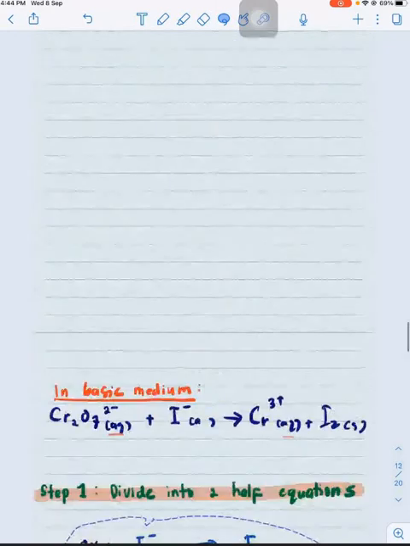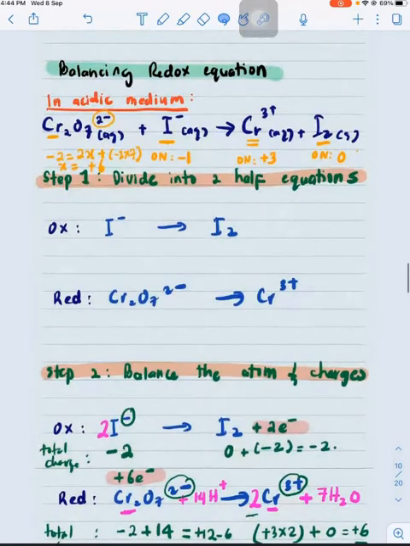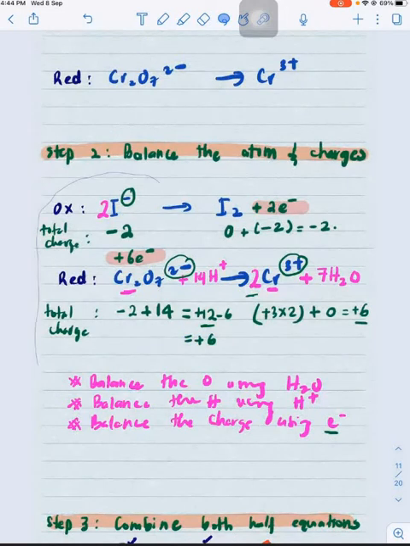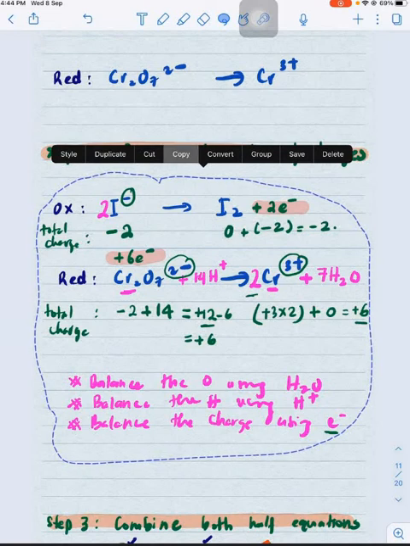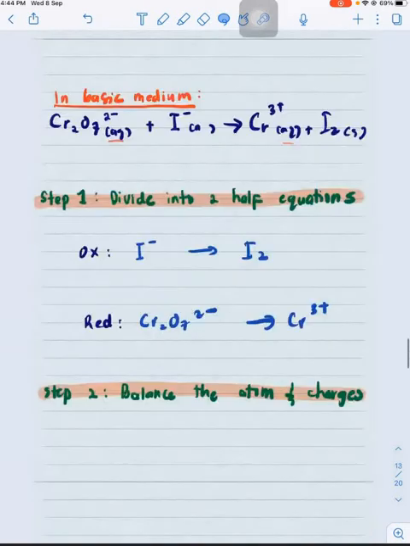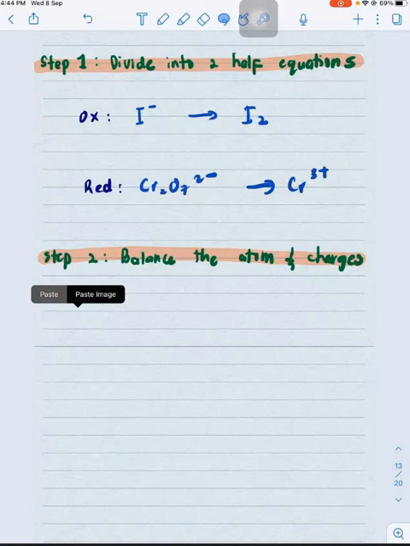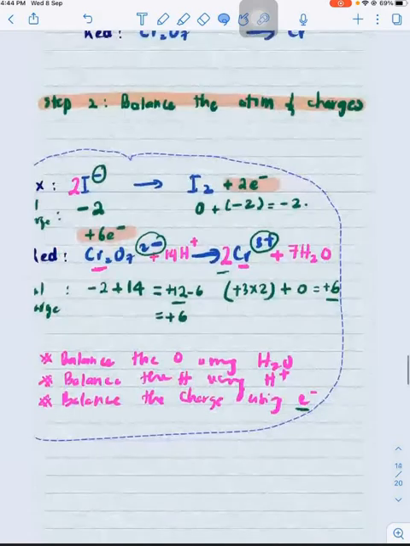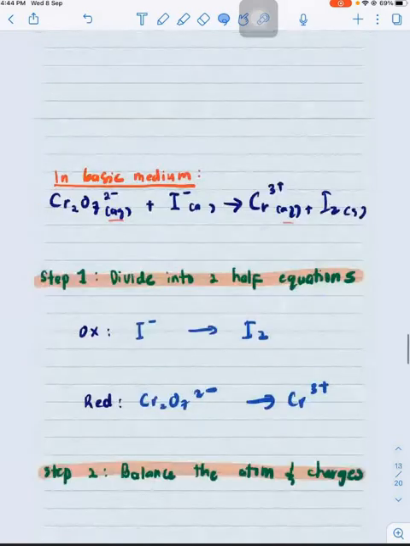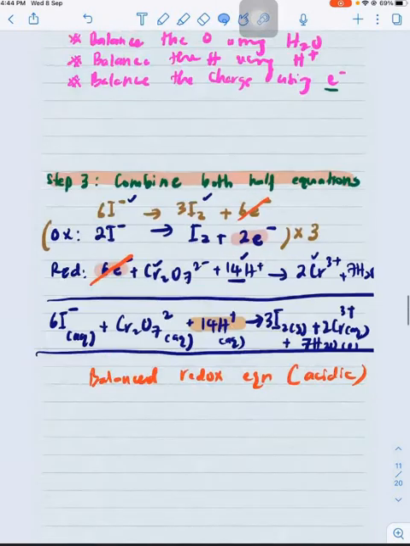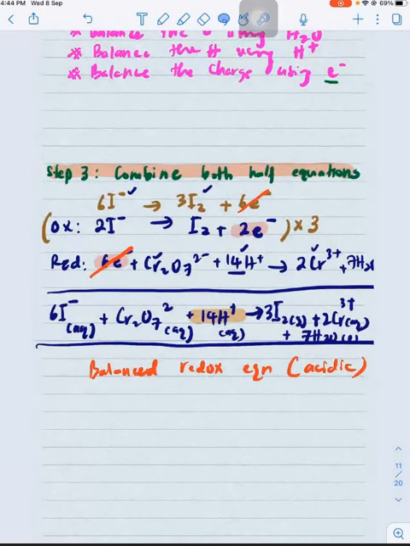Kita akan pecahkan, split into 2 ions. Lepas tu ini pun step yang sama juga. You just imagine lah, you all dapat soalan ni, suruh balance dalam basic medium. So you akan buat benda yang sama. Okay. Lepas tu one final step untuk acidic kita akan buat ni. Okay, sorry. Combine.